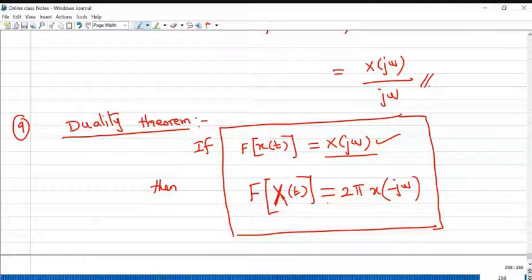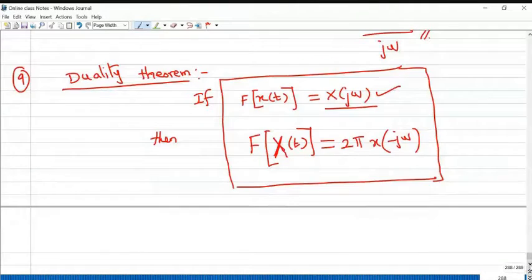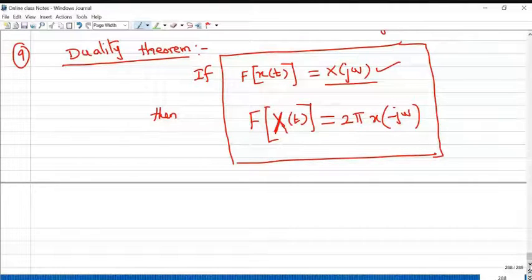Then the result is equal to 2 pi times this x, with this t replaced by minus j omega. So with some examples, you can understand how to solve problems using the duality theorem or duality principles. Okay. So one problem we will solve.